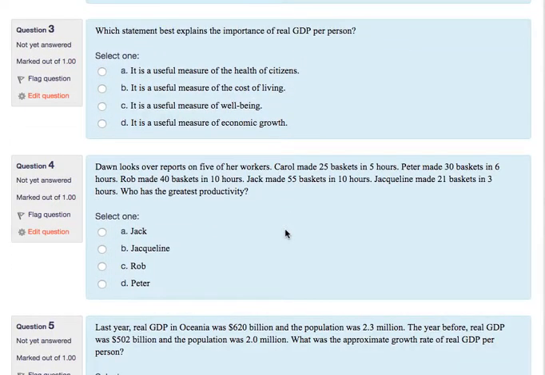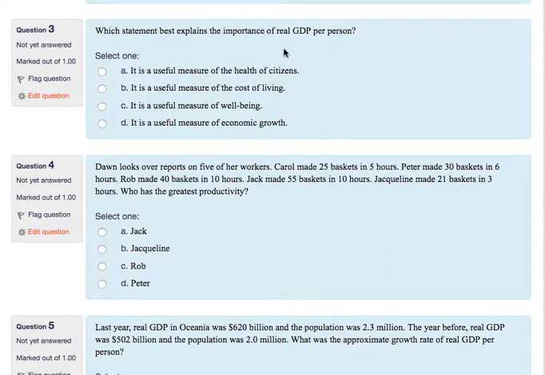Which of the statements best explains the importance of real GDP per person? There's a few things that are important here, but I'll just highlight which one's right and why some other ones that you might see as right may not be right in this case. It is a useful measure of the health of citizens.